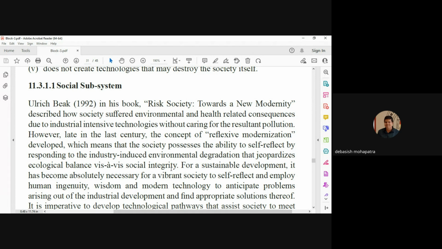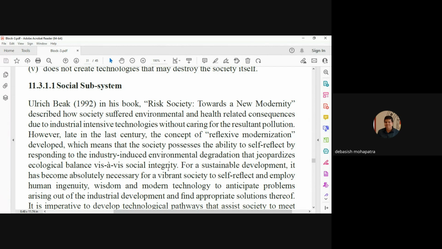Then the social subsystem. Ulrich Beck, in 1992, in his book Risk Society: Towards a New Modernity, described how society suffered environmental and health-related consequences due to industrial intensity and technology without caring about the resultant pollution.